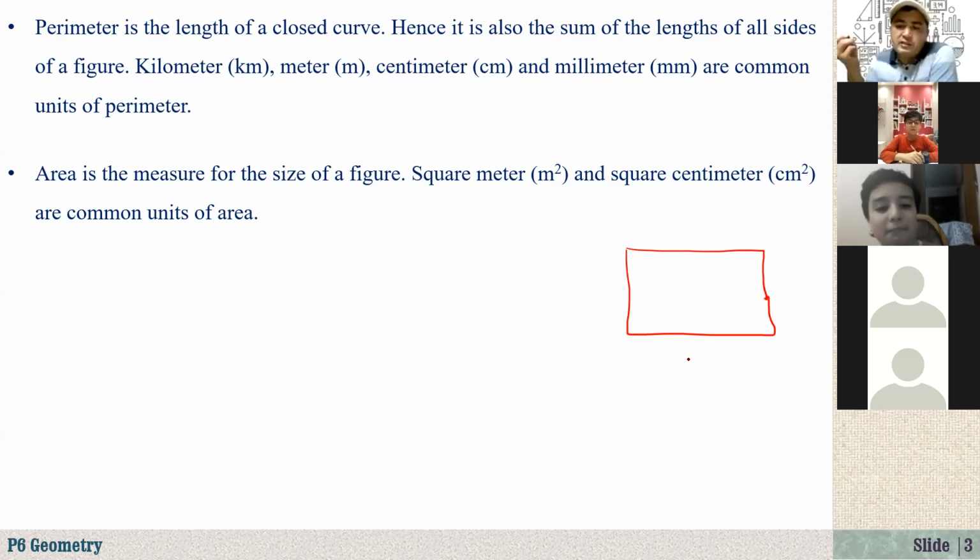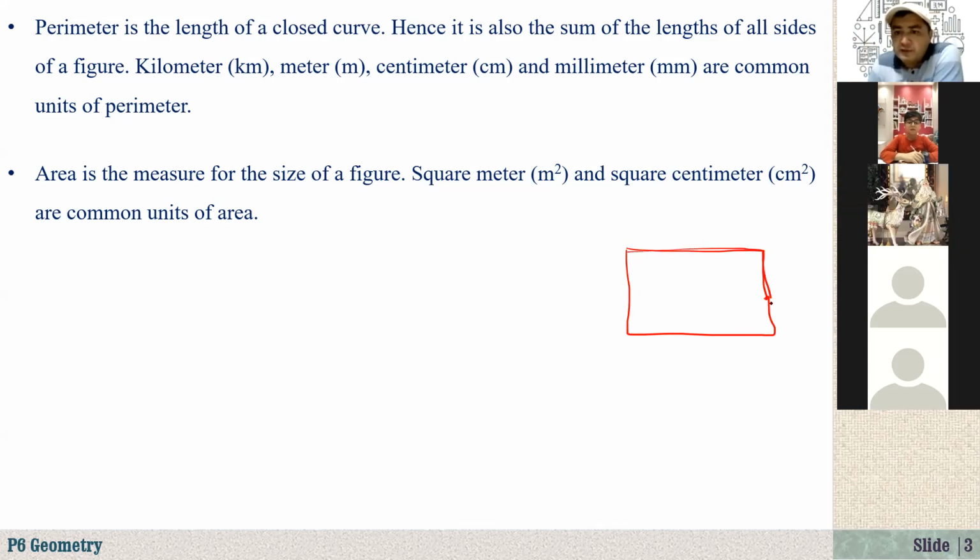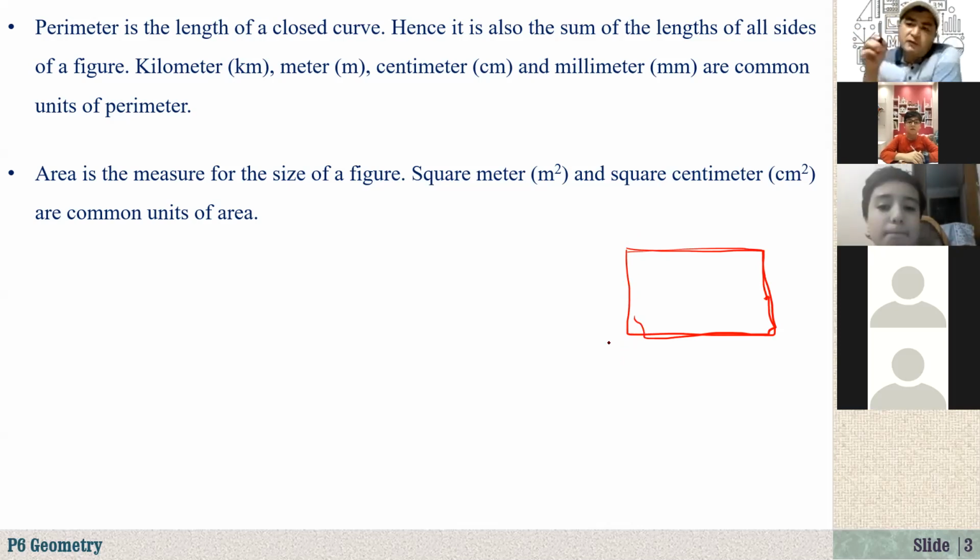So now the question is, if you go to the market to buy some fence, how many meters of fence do you need to buy to enclose this figure? That means we need to know the perimeter of this rectangle. And at that time we use meters, right? And if I ask you what is the perimeter of Baku city, Baku is a big city, so we measure this using kilometers because the area is so big, right?